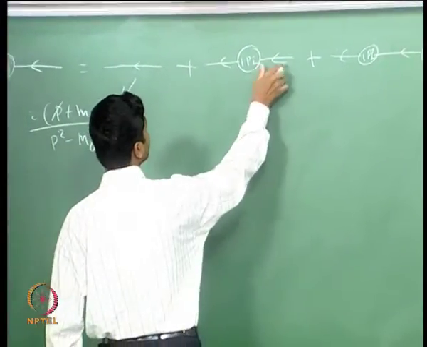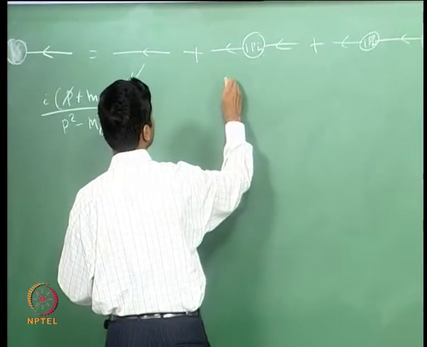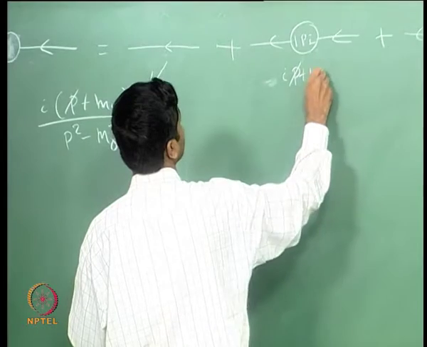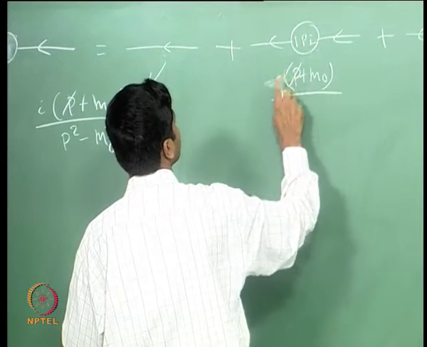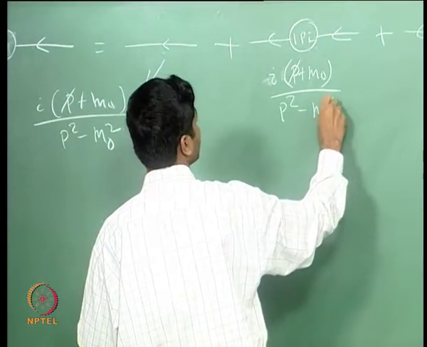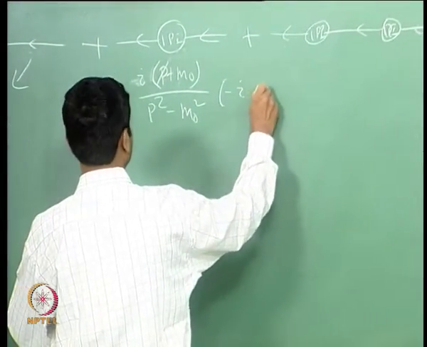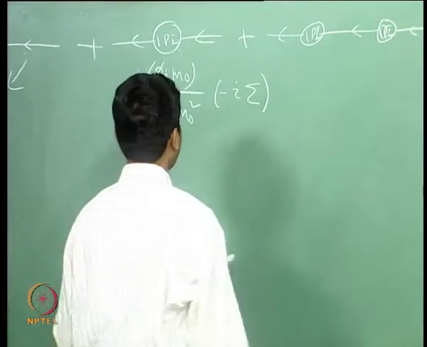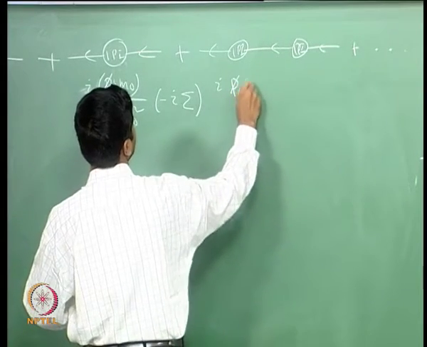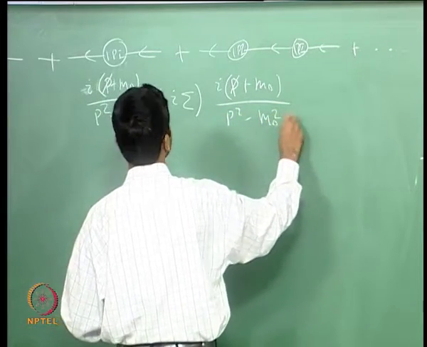So if I include these two propagators also, what I have is for this propagator minus i (p-slash plus m0) divided by (p squared minus m0 squared), then this one I am denoting to be minus i sigma, and again here i (p-slash plus m0) divided by (p squared minus m0 squared), and so on.